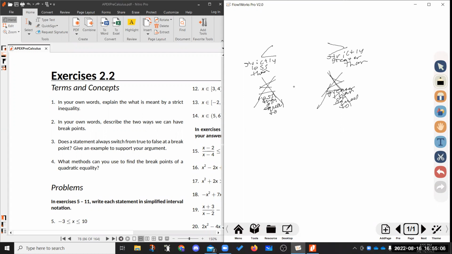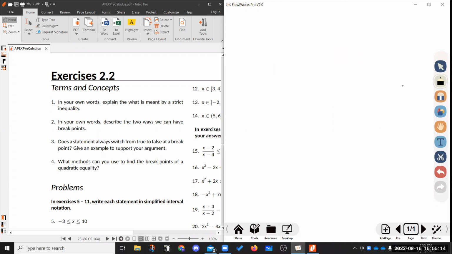Okay. In your own words, describe two ways we can have breakpoints. We can have breakpoints from a polynomial inequality. We can also have a rational inequality. When we have a rational inequality, we can have breakpoints from the numerator equaling 0 or from the denominator equaling 0.